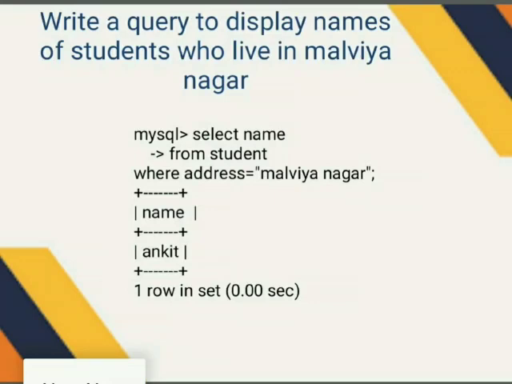Condition is always given with the help of the where clause: where address is equal to Malviya Nagar. Now you can go back to the table and see who lives in Malviya Nagar. Ankit. Yes. So only Ankit lives in Malviya Nagar, and the name of Ankit will be displayed.